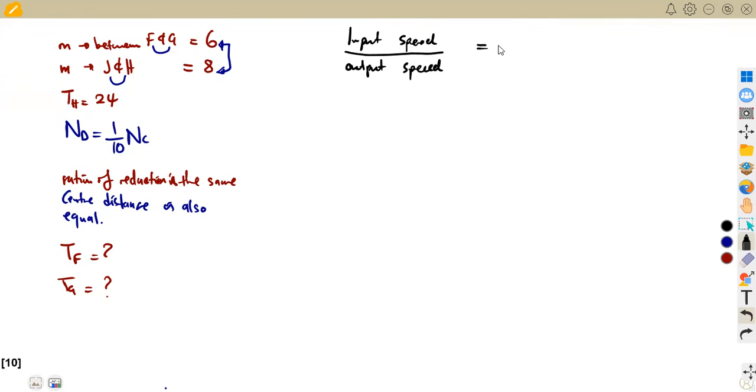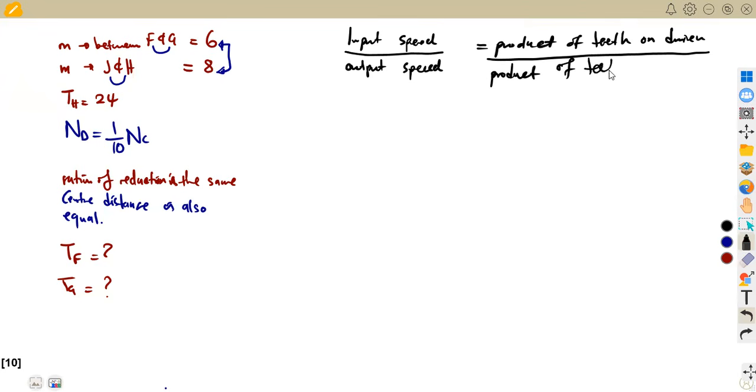So we are simply considering the product of the driven, the product of teeth on driven gears, over the product of teeth on the drivers. So we're going to consider the drivers and the driven in this case.